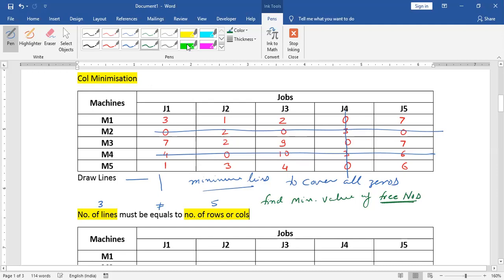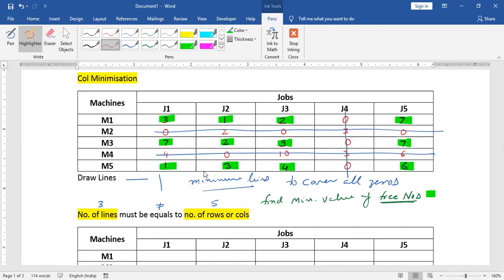So the free numbers are 3, 1, 2, 7, 7, 2, 9, 7, 1, 3, 4, and 6. These are free numbers. And if you see, the minimum value of the free numbers is 1. Then what will we do?